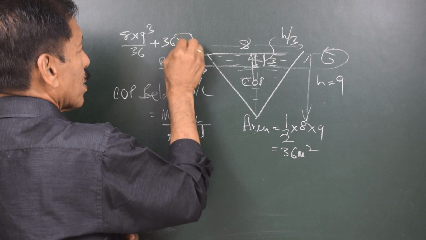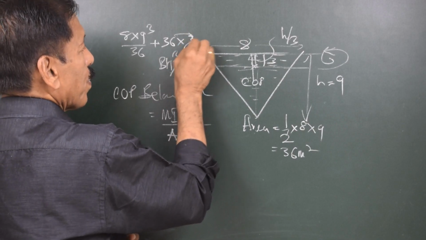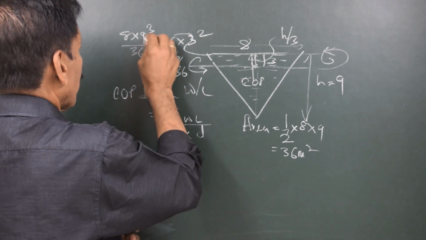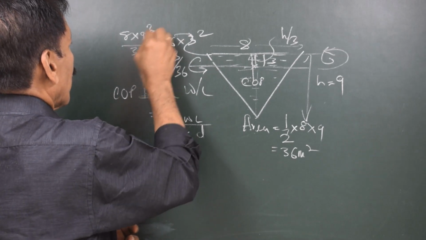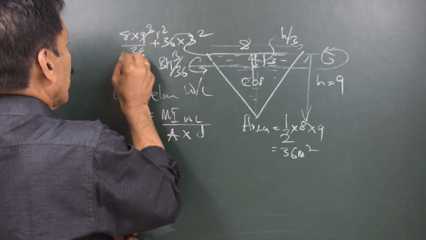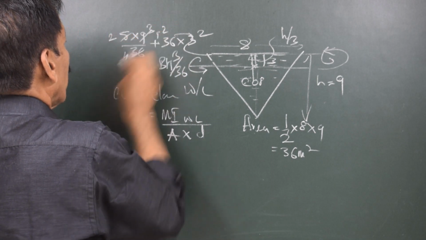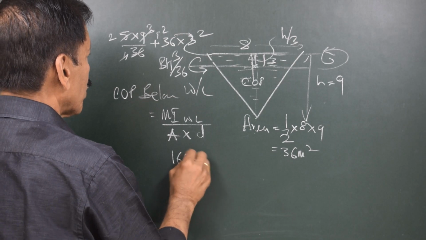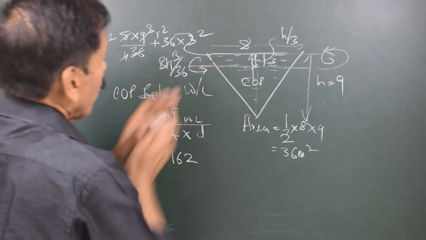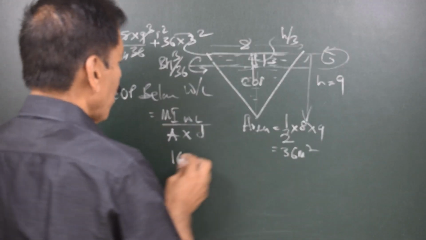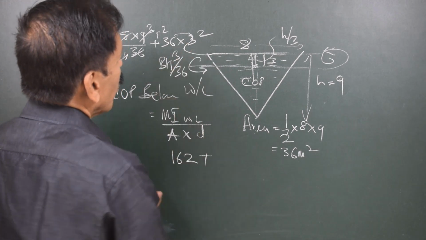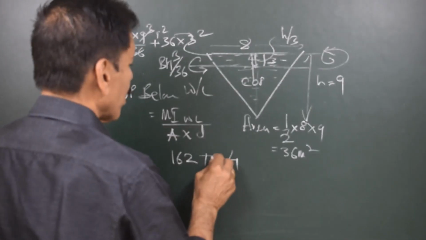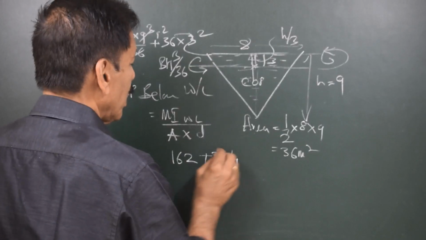Area is 36, D is 3 square. 8 into 9 cube upon 36 is 162. That is the moment of inertia about the centroid axis plus 36 into 3 square, that is AD square, which is 324.